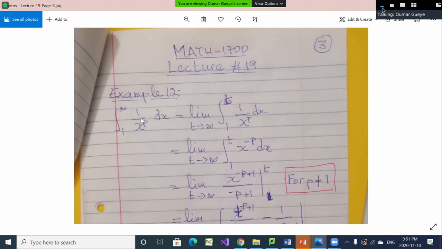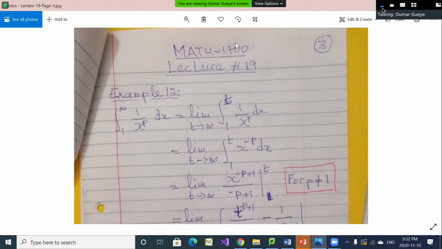As I told you, remove infinity and replace it by t, and let t go to infinity. And this integral, I'm going to write it as a power function in order to use the power rule. To do so, I'm going to take this denominator and send it to the top, and my exponent becomes negative p, as you know.